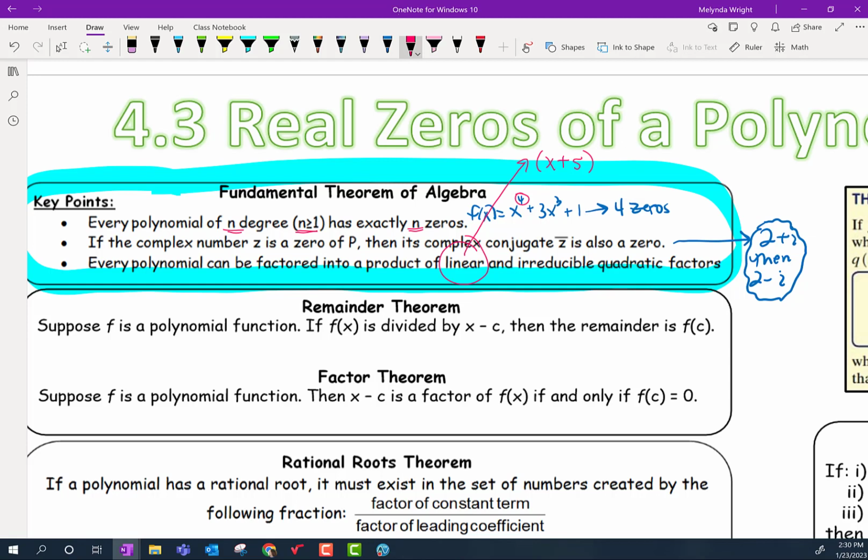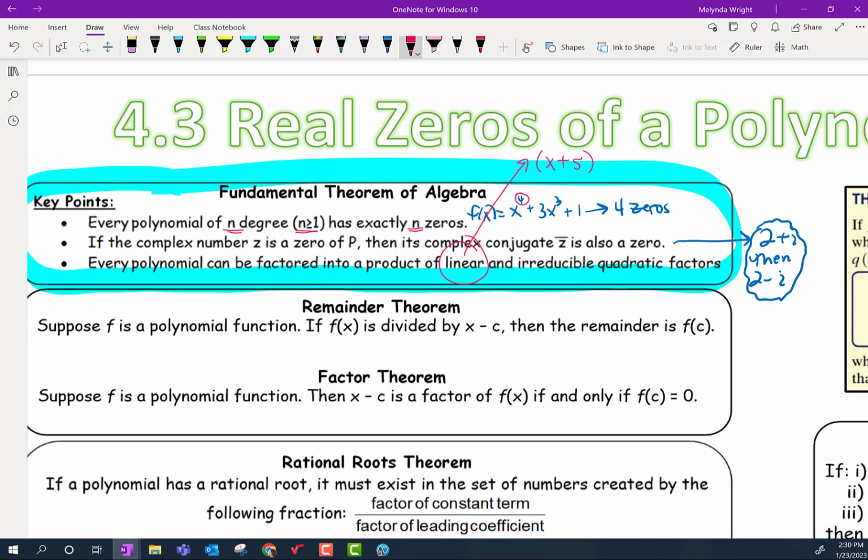Because x is to the first power. That's why it's linear. Remember, equations of lines have x to the first power. They're called linear.